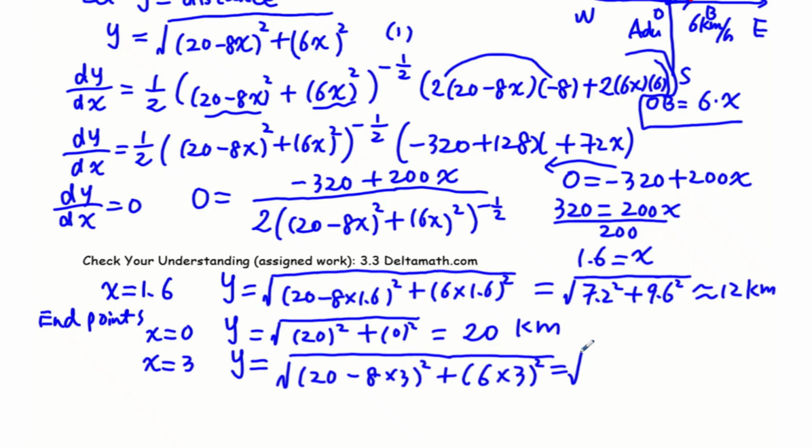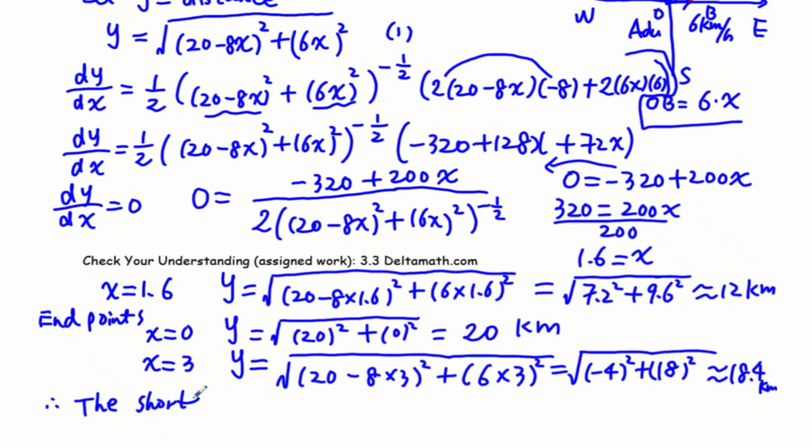We are going to have the square root of negative 4 squared plus 18 squared, which is around 18.84 kilometers. So comparing these three numbers, we know the shortest distance is 12 kilometers when t equals 1.6 hours.